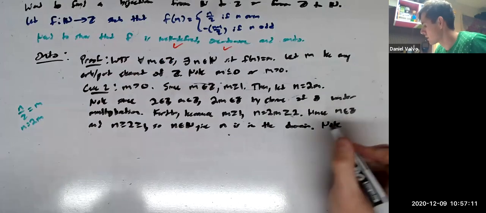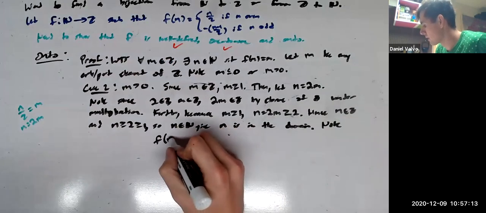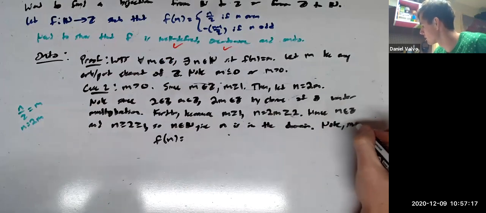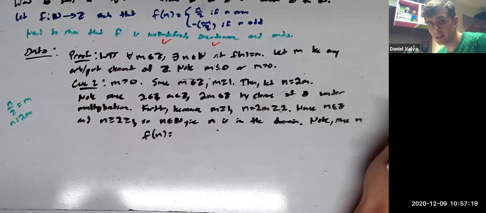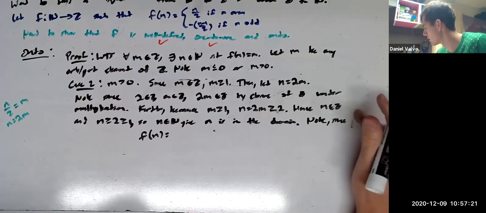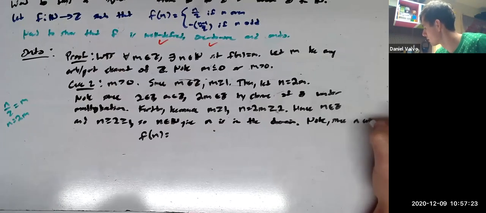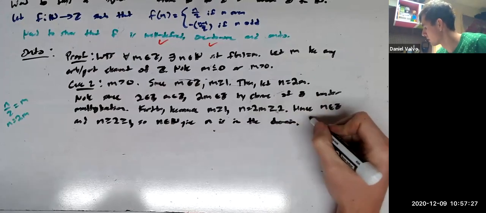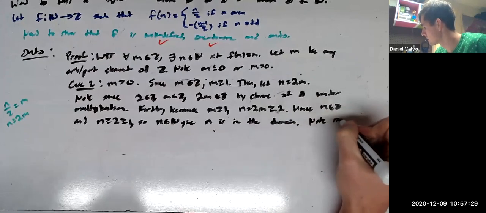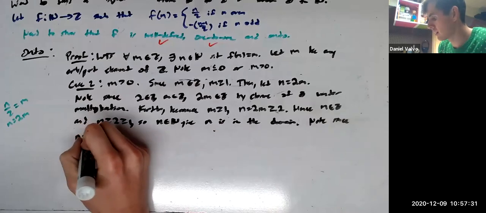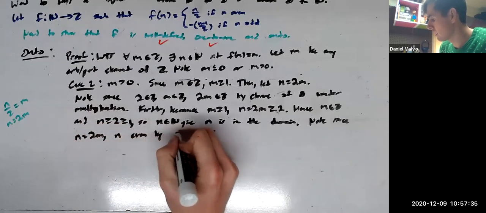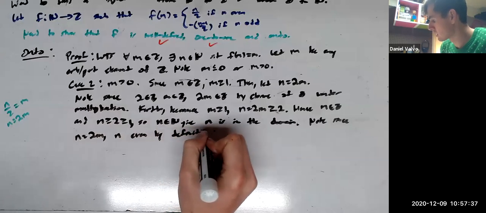Note that since n equals 2m, n is even by definition.